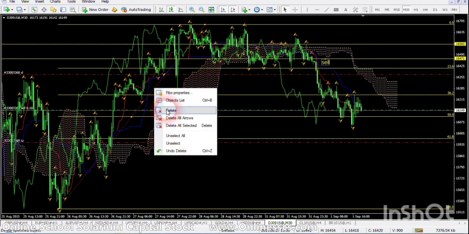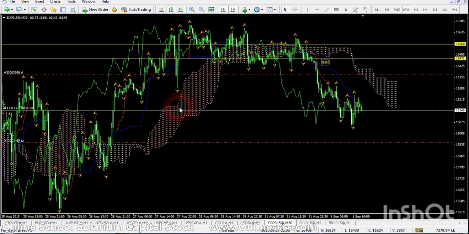Here is the 50 Fibonacci and it has come back on it. It came back on 38 and again came down to 50. And here it is about to reach 61. So definitely draw your Fibonacci. And if you had a pivot here and you couldn't find it by eye, Fibonacci completely shows you that.